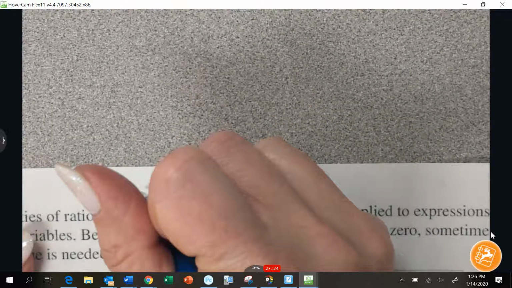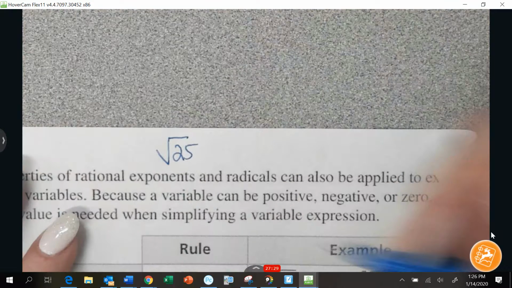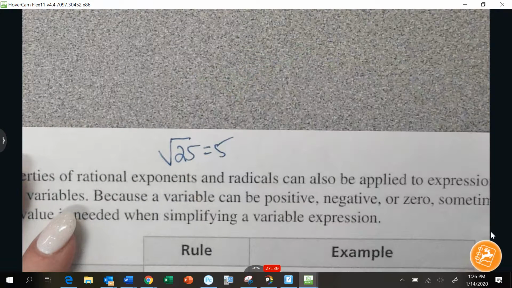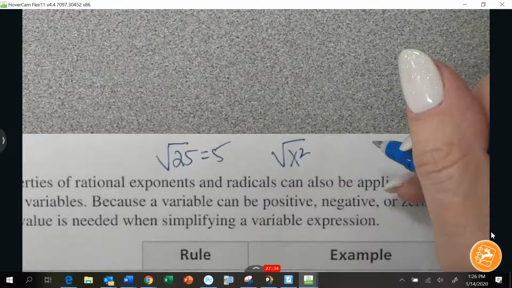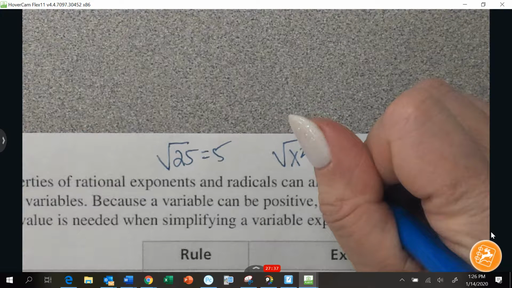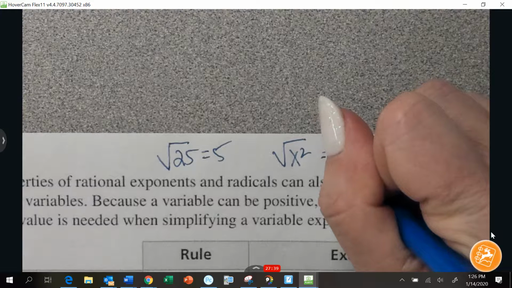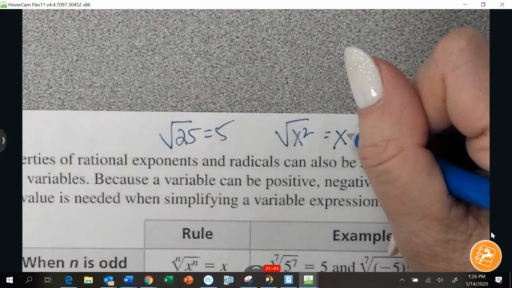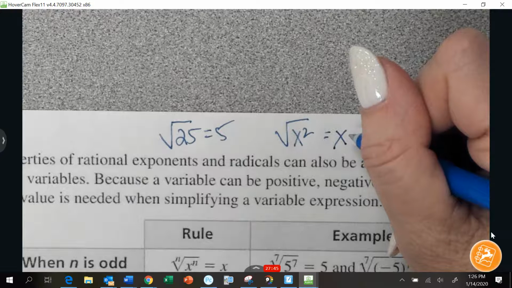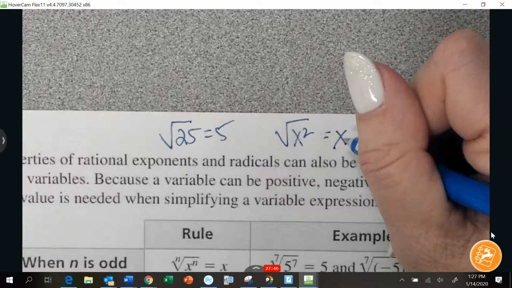Okay. If I asked you guys, hey, what's the square root of 25, you would tell me what? Okay. If I said, what's the square root of x squared? However, do we know if x is a positive? We don't know that.